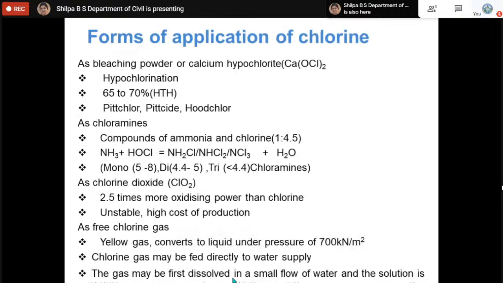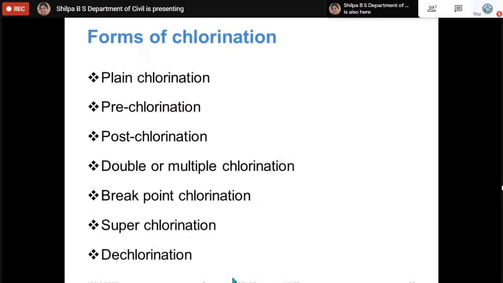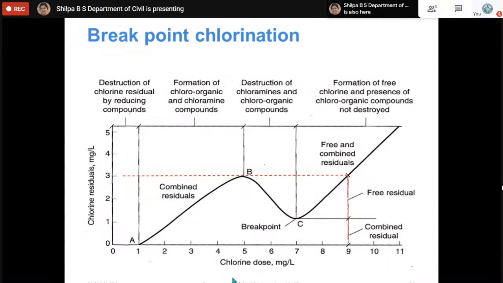Okay, so the forms by which the chlorine is applied I have just listed here, the forms of chlorination, at what stages we can add it in the water treatment. Based on that, we can say plain, pre, post, double chlorination, breakpoint chlorination, superchlorination, and dechlorination.